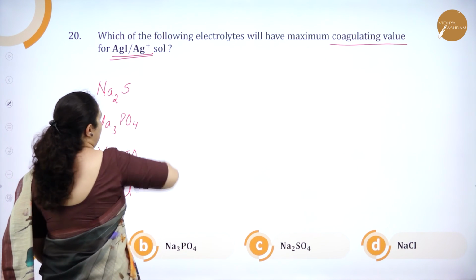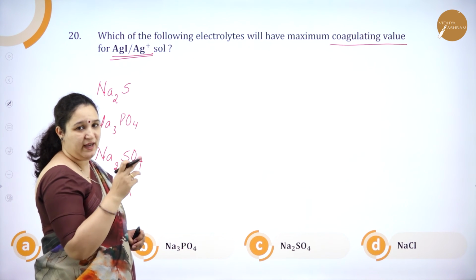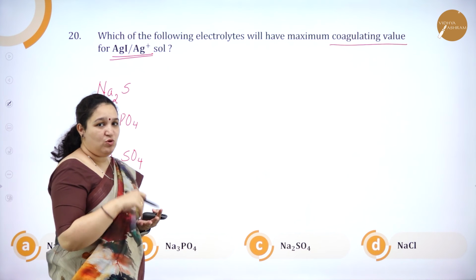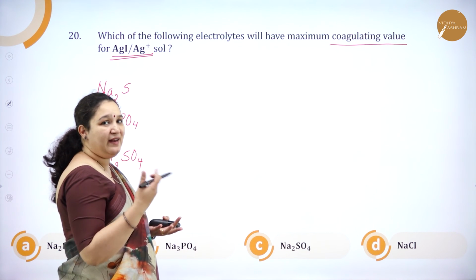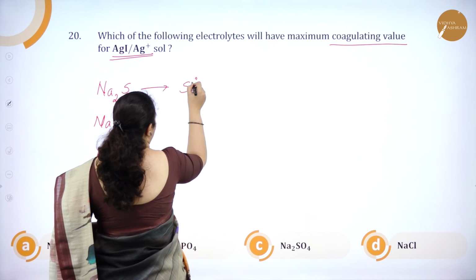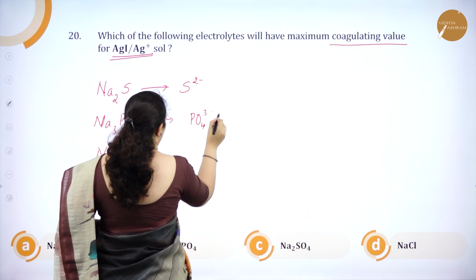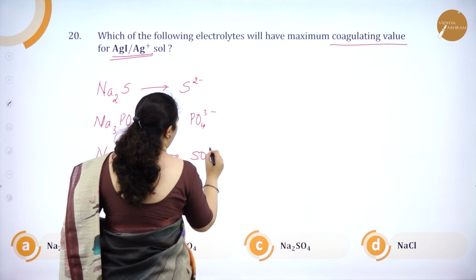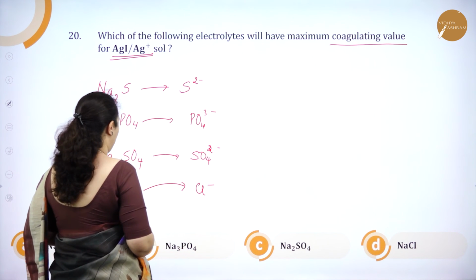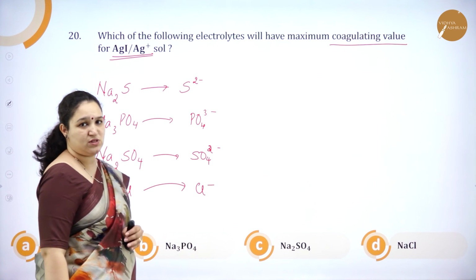Observe here, the sol is a positive sol because it has Ag+ adsorbed on AgI. So, it is a positive sol. If it has to coagulate, we have to look into the anions which these electrolytes can produce. So, the anions are S2-, PO4 3-, SO4 2- and Cl-. Okay, and the cation given is the same, that is sodium, in all of these solutions.